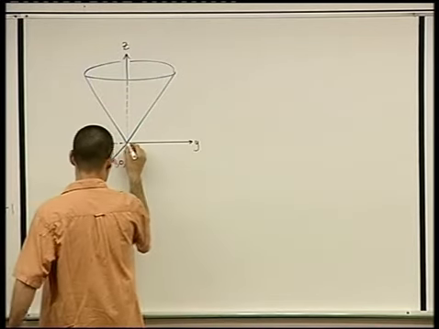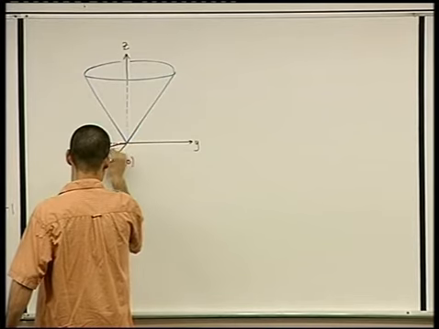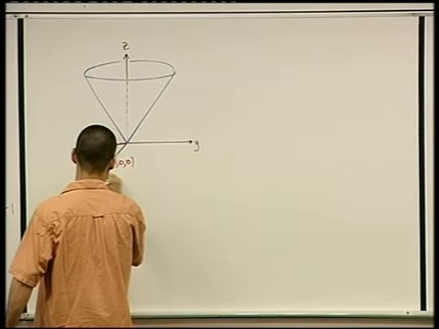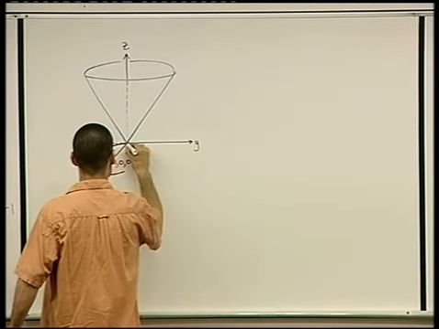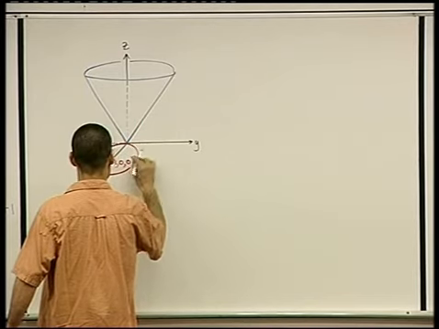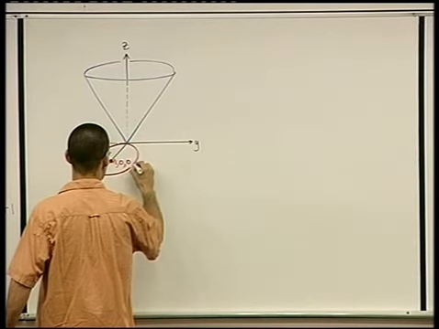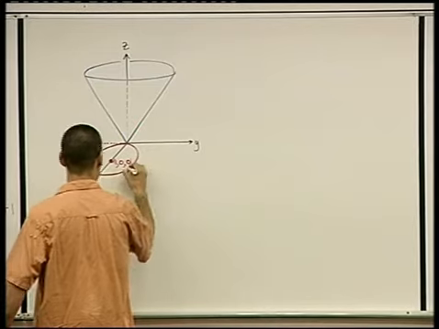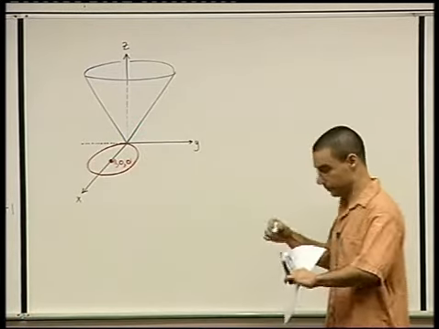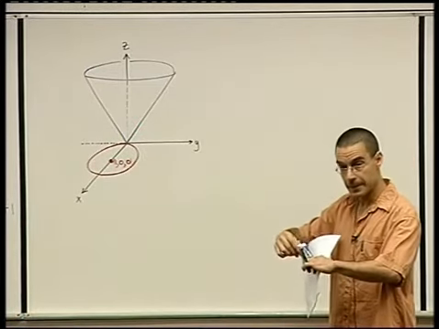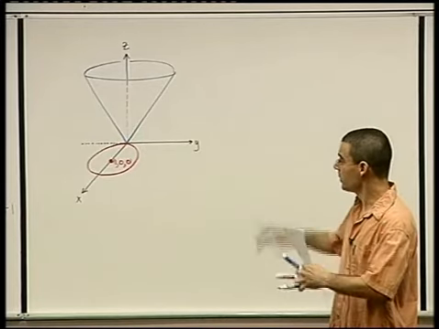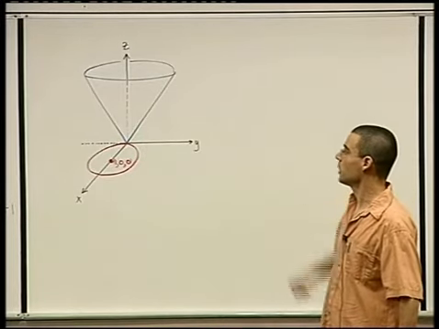It's going to look something like this. But this is a circle. Do you agree? Okay, a circle of radius 1 centered at (1, 0, 0) on the xy plane.